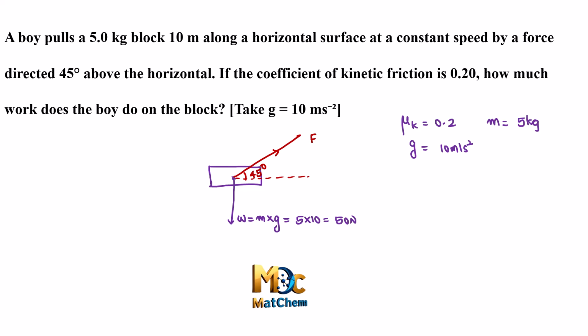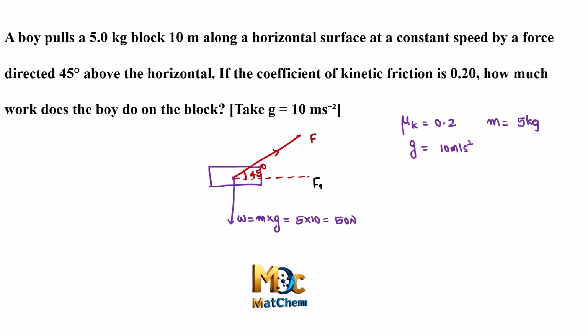If a force is applied, we know that the friction component also will be there. Since this force is applied at an angle of 45 degree with respect to the horizontal, it can be resolved into two components, Fx and Fy.